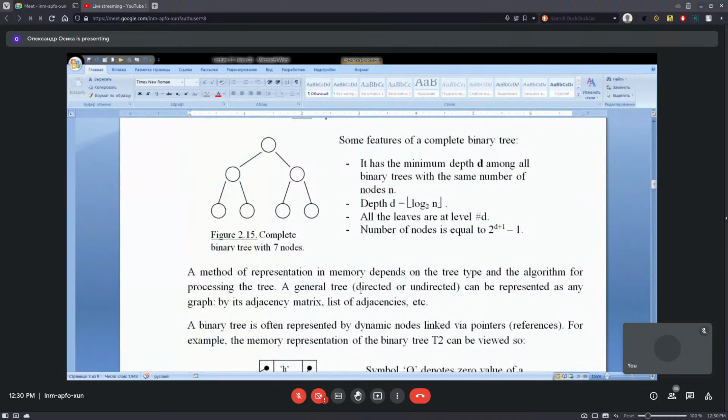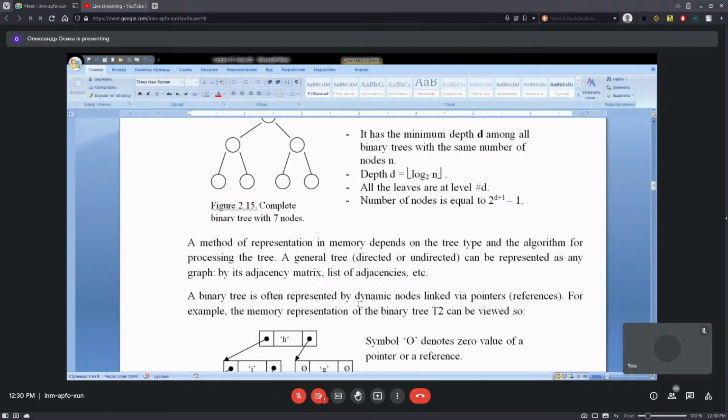A general tree, directed or undirected, can be presented as any graph by its adjacency matrix, list of adjacencies, etc. A general tree, where every node may have many adjacent nodes, not just 3 or 5, or something like that.